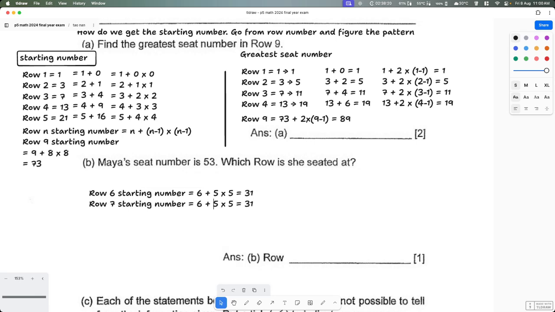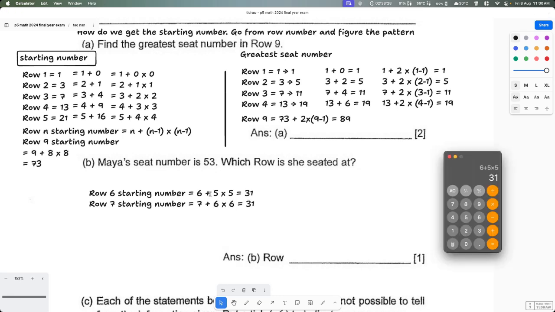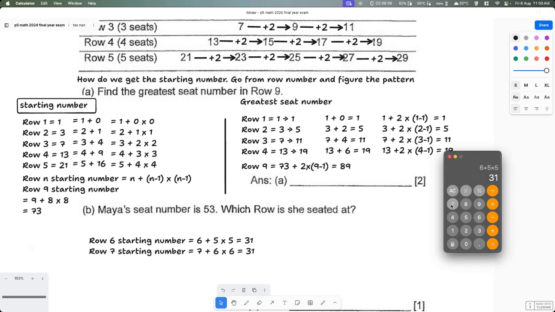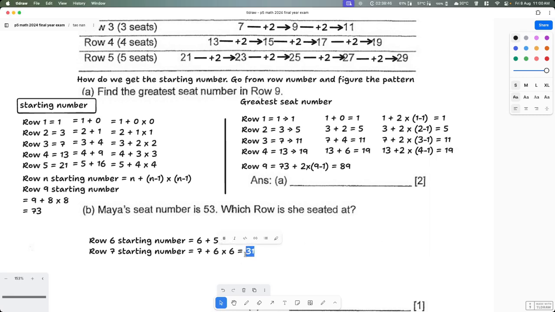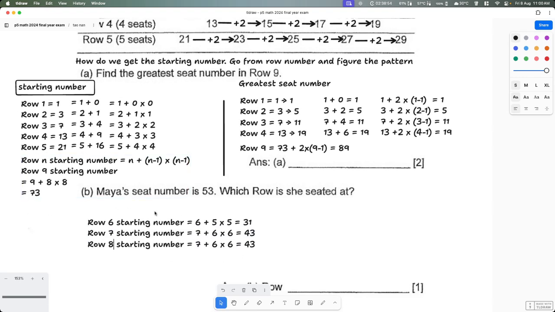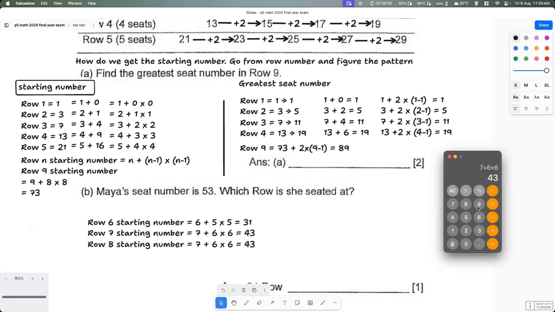Row 7 is 7 plus 6 times 6, right? In this case, okay, so we have 7 plus 6 times 6, 43, right, still no. Then let's move on to the next one. Should be row 8, since row 9 is 73. But we'll see, maybe I'm wrong.